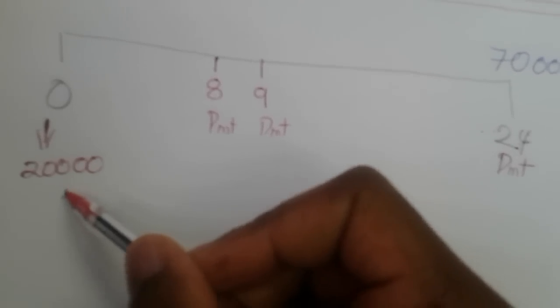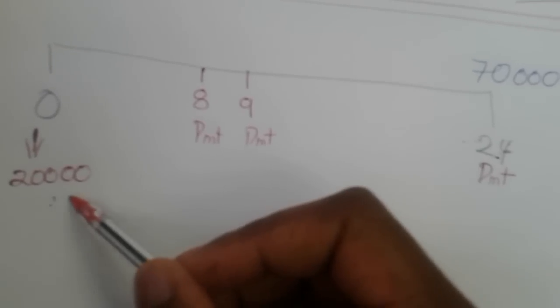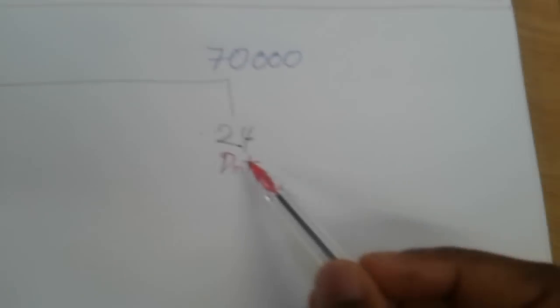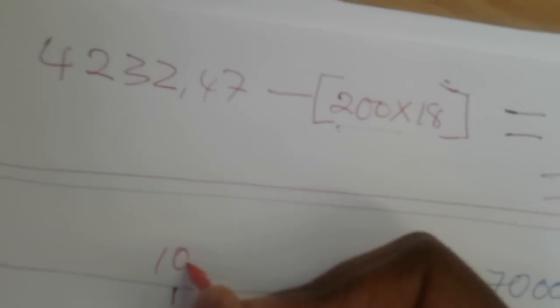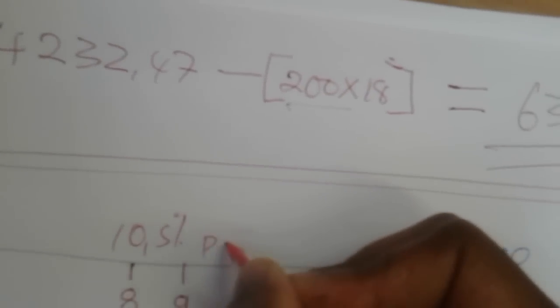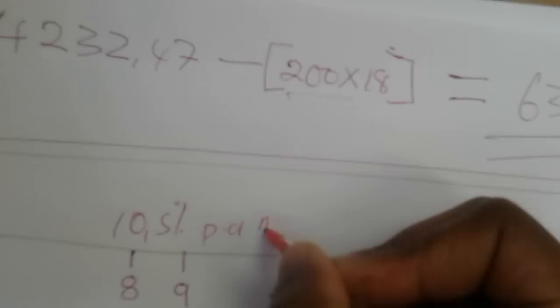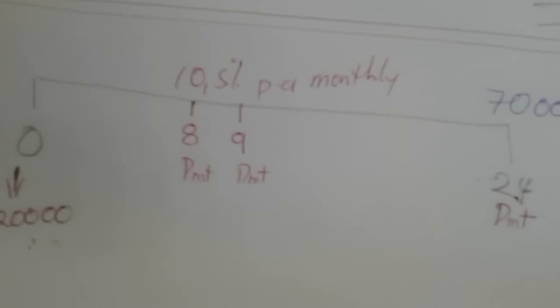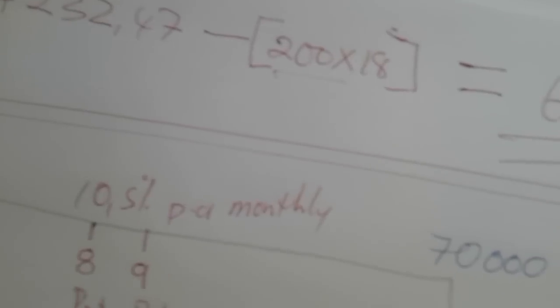What do the monthly deposits reduce to starting the end of month 8 to reach the target at the end of month 24? There we go. The interest rate that is given is 10.5% per annum, and it's compounded monthly. So there's no need for us to compute an equivalent rate. Right. So let's look at this.